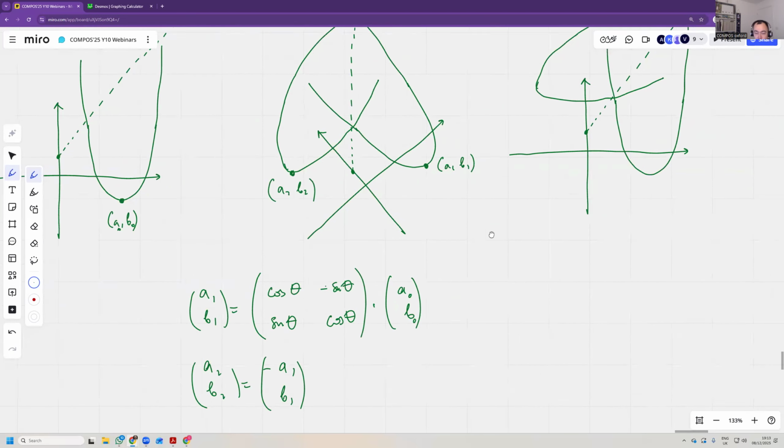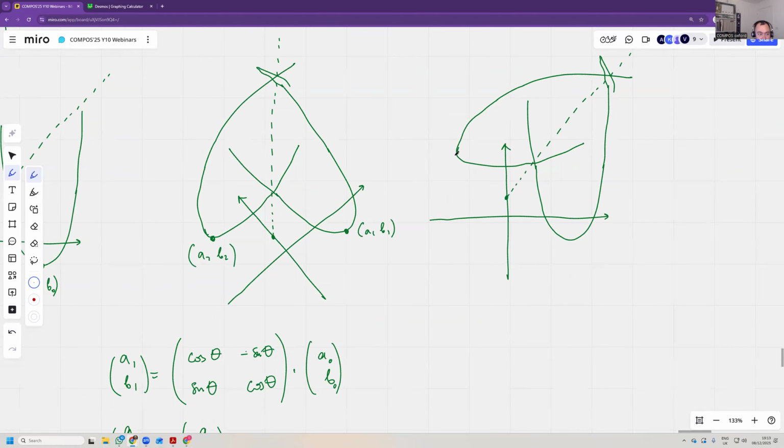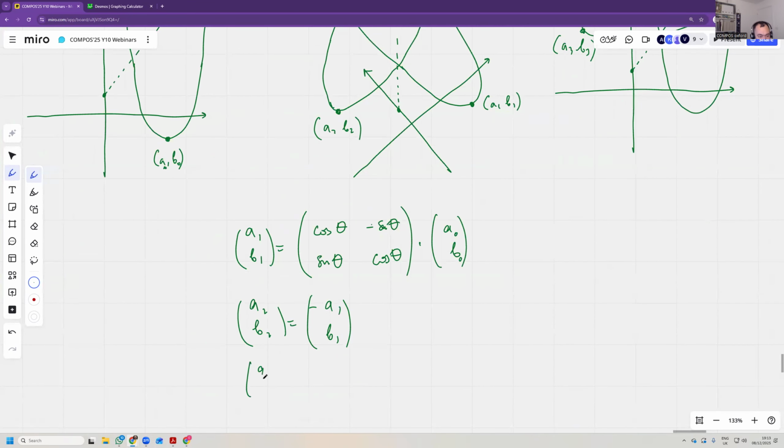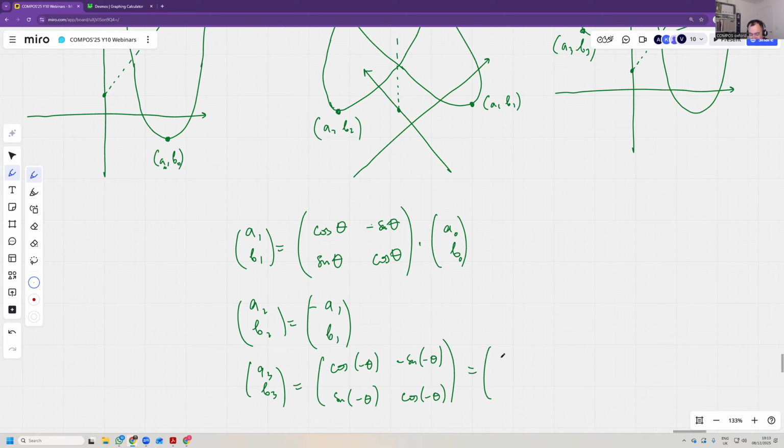And then you rotate back to get A3, B3. To get A3, B3, you multiply by the backwards rotation matrix: cos minus theta, minus sine minus theta, sine minus theta, and cos minus theta, multiplied by the coordinates of A2, B2.